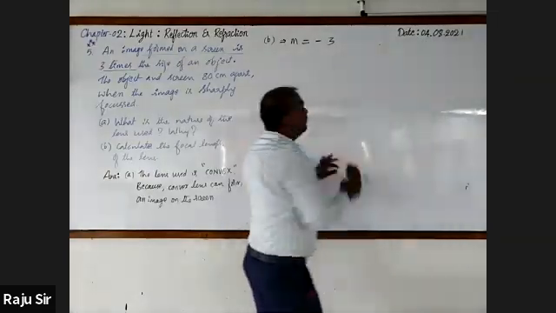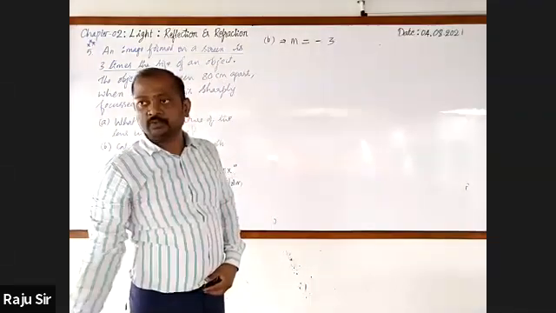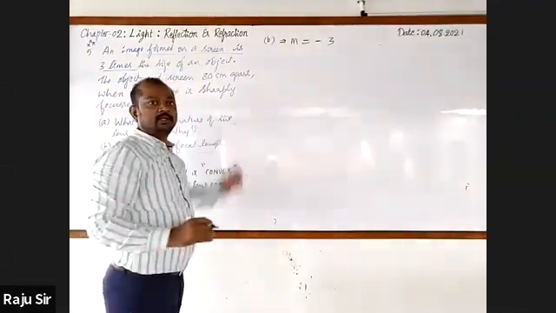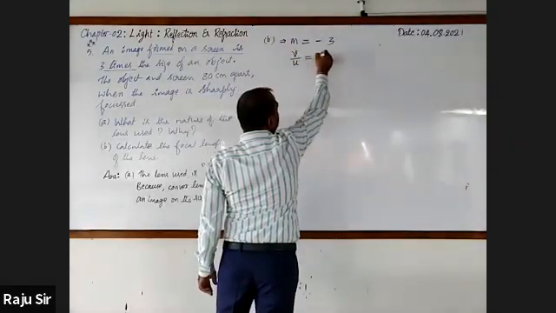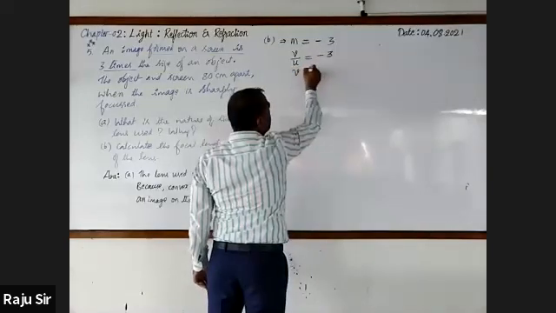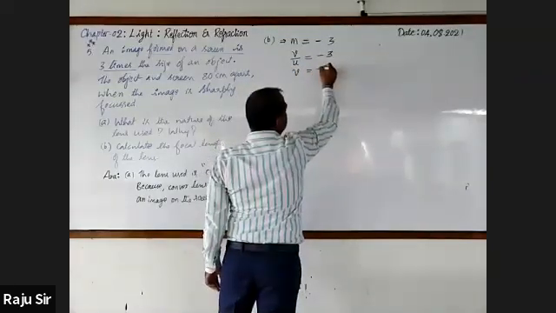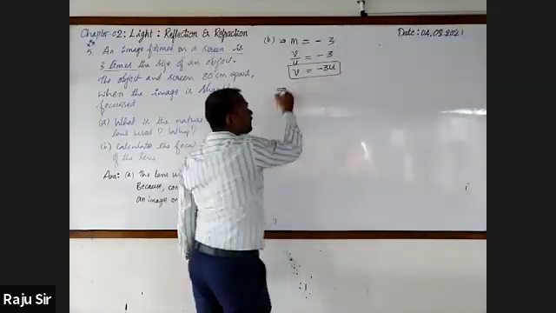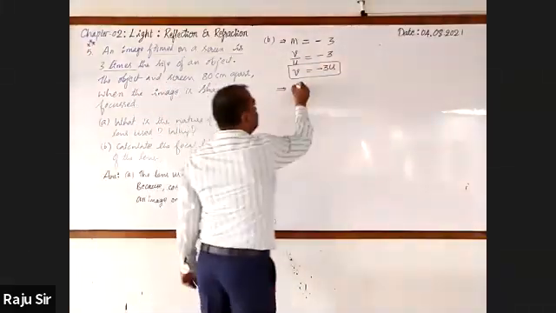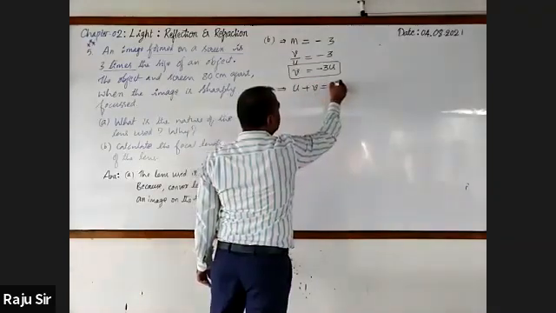Right. m is equal to negative 3. m is nothing but v by u, which is equal to negative 3. v is equal to negative 3u. Then we also know that u plus v is equal to 80.